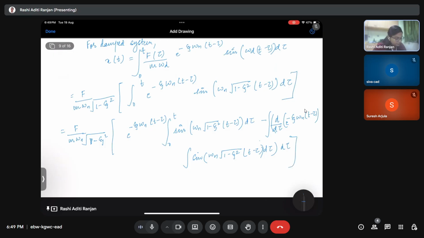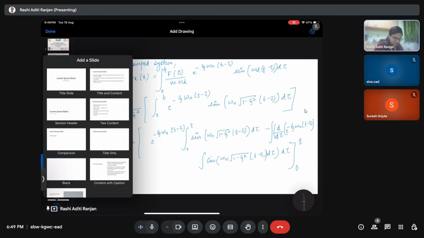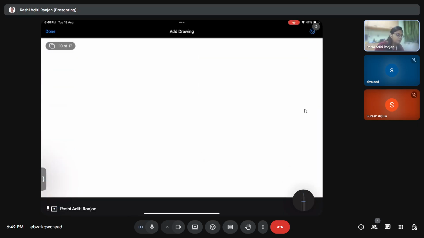Then we have to put the limits of integration from 0 to t. So when you do all this integration, which I'm skipping for now because this is simple integration, we don't need to waste time on this.